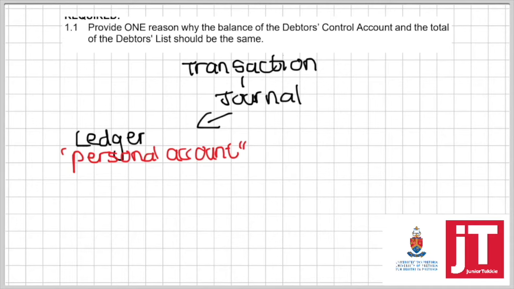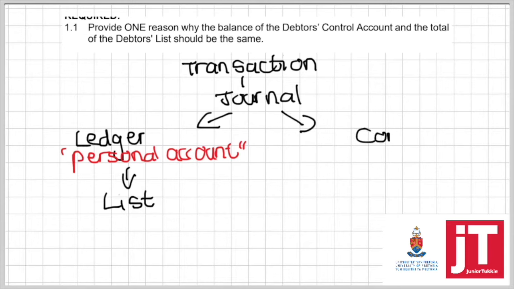Because why? At the end of the month, we need to send them a statement which shows exactly what is the amount due. So from the ledger, we compile the debtors list. The list is a summary of all the debtors with their outstanding balances.